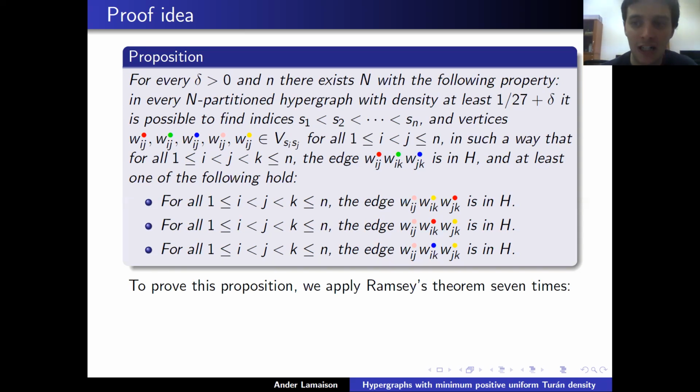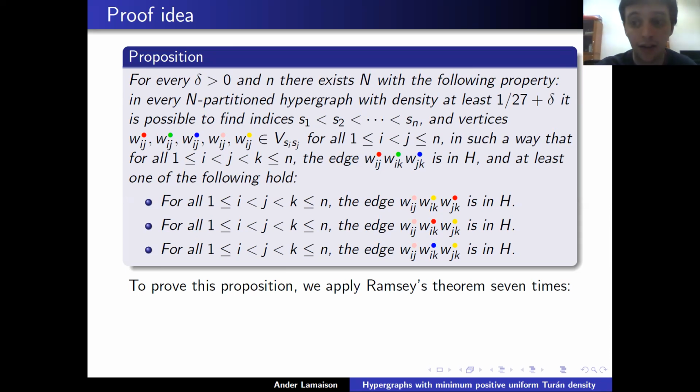So first, what we do is for every triple of indices, we look at how many vertices in those parts have a certain degree as the left vertex, a certain degree as the top vertex, and a certain degree as the right vertex. And then we apply Ramsey's theorem to make sure that all triples of indices have roughly similar densities.